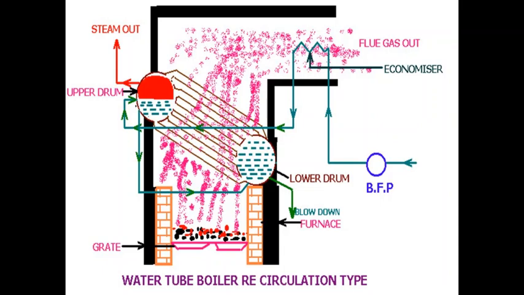There is a provision of piping which comes outside the furnace and is connected to the lower drum, the mud drum. So there was an introduction of the downcomer arrangement. This way a natural circulation system was developed, along with an arrangement to remove the sludge due to this recirculation through blowdown, and steam taken out from the upper drum at saturated condition.